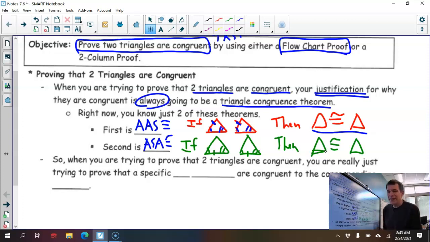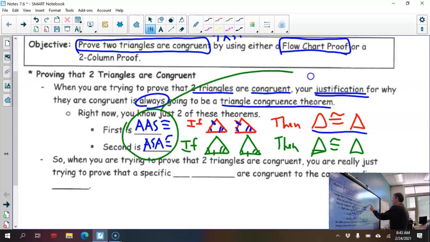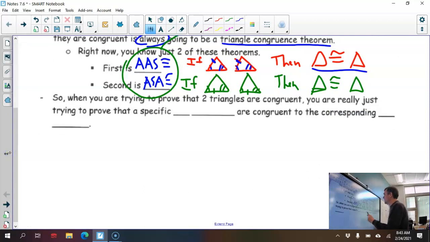So when you are proving that two triangles are congruent, you are going to use one of these as your justification to why they're congruent in your proof. When you're trying to prove that two triangles are congruent, you are really just trying to prove that three parts are congruent to the corresponding three parts.